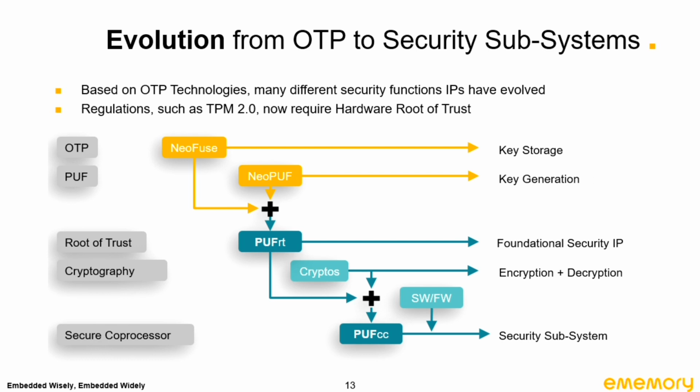So we create new business opportunities by expanding our technologies from OTP to PUF-based root of trust and the security subsystem, and also the security function software, which will propel us beyond selling individual IP to selling security subsystem SoC IPs and related security software services.